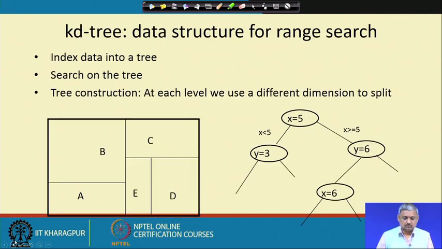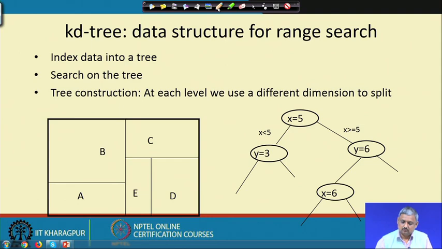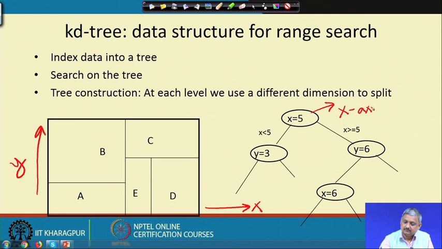So, what we do is the following. We break up a space by something. So, for example, here I have two axes. The first split, the first node, is on the x axis. Okay.